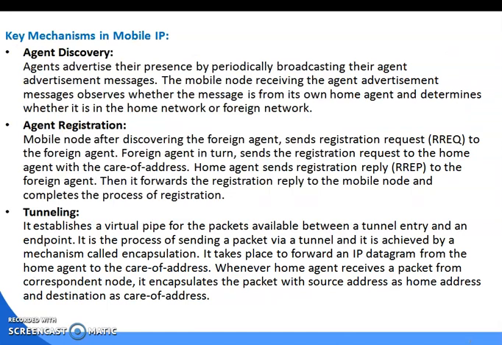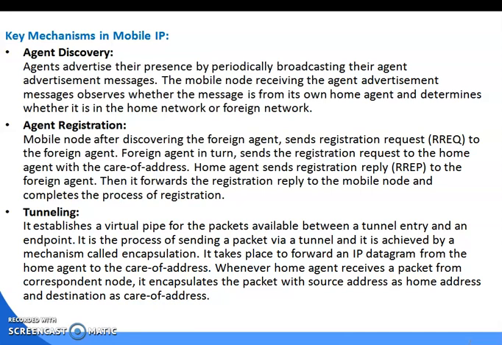Next are the key mechanisms in mobile IP. First is agent discovery, then agent registration, and then tunneling. So what is the first thing? Agent discovery. Here, routers advertise their presence by periodically broadcasting their agent advertisement messages, and the mobile node receiving the agent advertisement message observes whether the message is from its own home agent and determines whether it is in the home network or a foreign network.